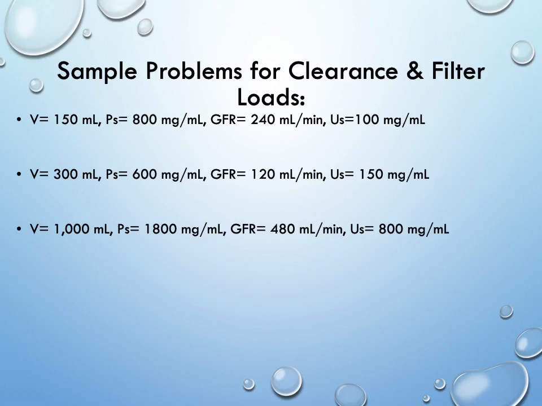The last one: a volume of 1,000 milliliters, a plasma concentration of 1,800 milligrams per milliliter, a GFR of 480 milliliters per minute, and a urine concentration of 800 milligrams per milliliter.